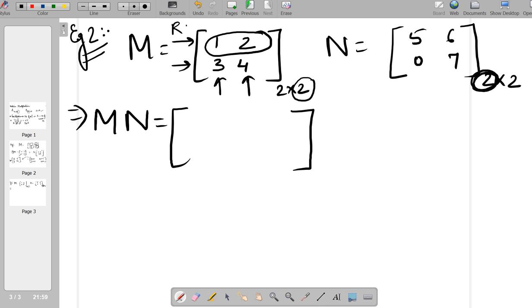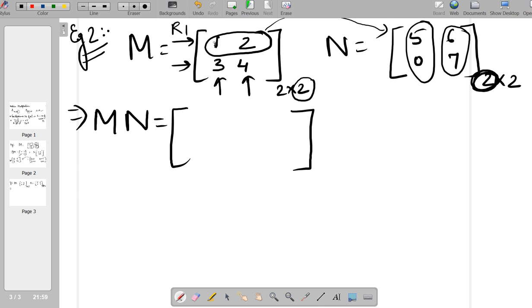This row 1 will multiply first with column 1. All the elements will be multiplied with row 1, then with column 2. So how will you write it? I'll just note it down here.